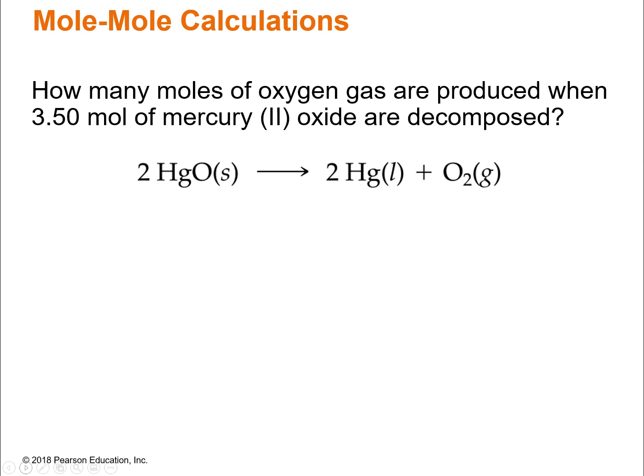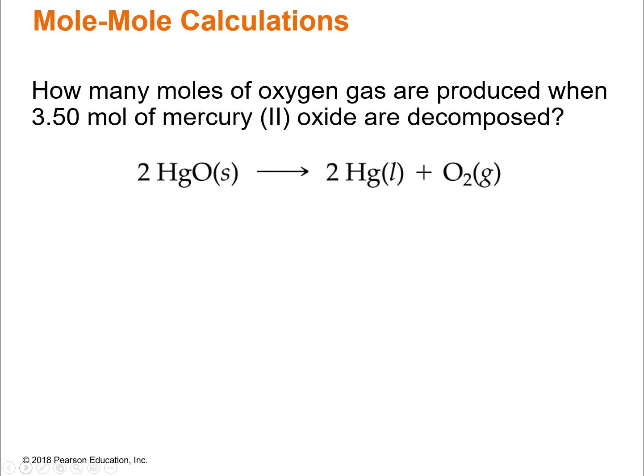Now we're going to do mole to mole calculations. And what that really means is if I know how many moles of, say, a reactant that I'm starting with, I can figure out how many moles of product I should make. So in this example, how many moles of oxygen gas are produced when 3.5 moles of mercury 2 oxide are decomposed?